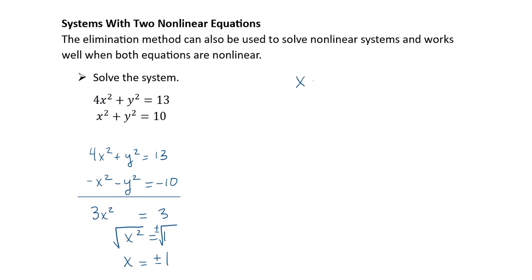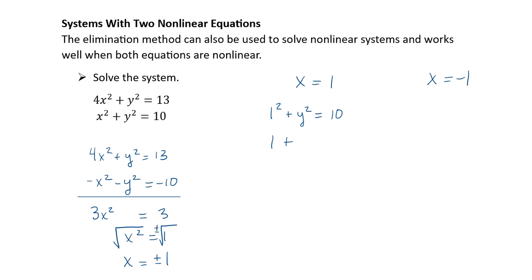So let's see what happens if x is 1. The two equations we have are of equal complication, but I'm going to put it into the second one just because the numbers are smaller. So I have 1 squared plus y squared equals 10.